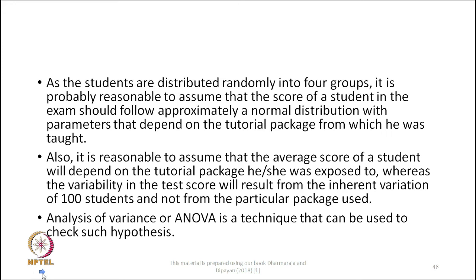Also it is reasonable to assume that the average score of a student will depend on the tutorial package he or she was exposed to, whereas the variability in the test score will result from an inherent variation among the 100 students, not from a particular package used.